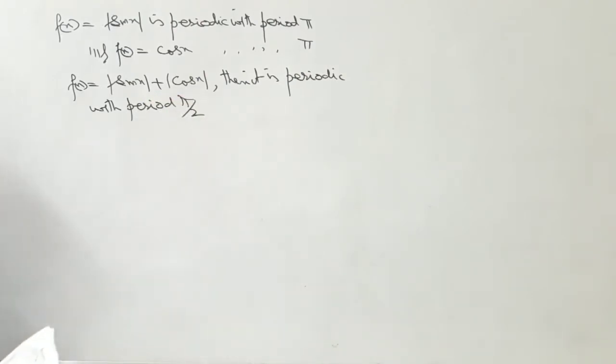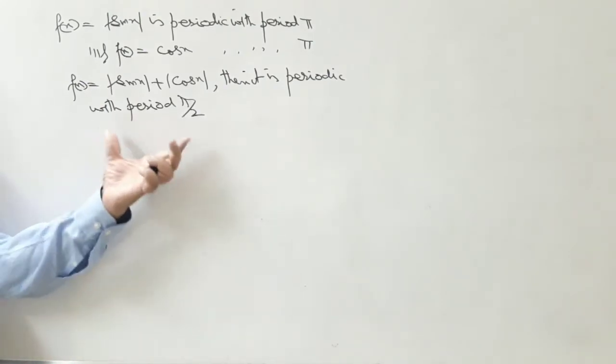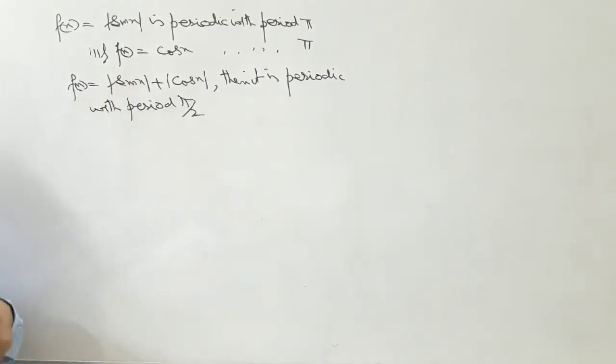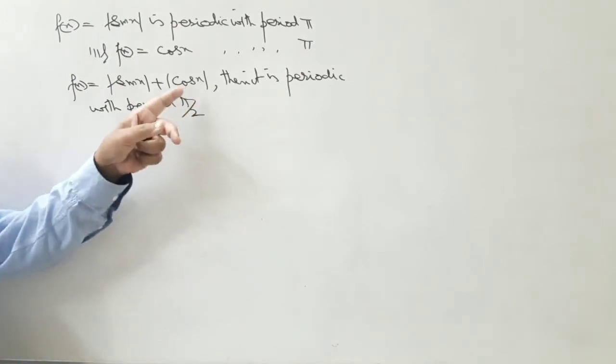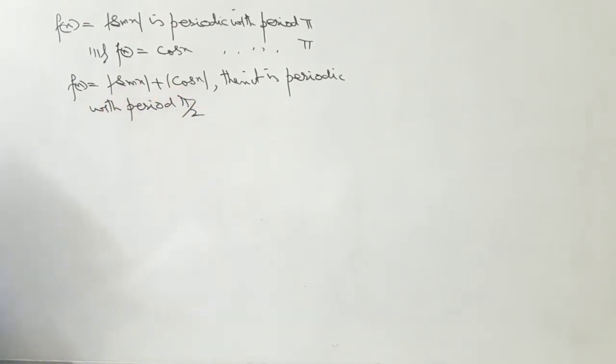With period pi by 2, because sine 90 plus theta is cos theta, cos 90 plus theta is minus sine theta, that remains unchanged in modulus. Now in this way you can discuss the periodicity of these functions.